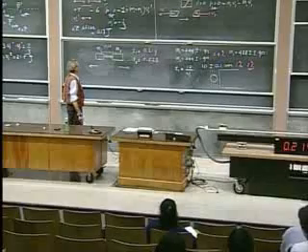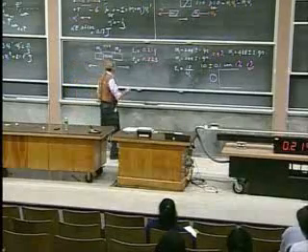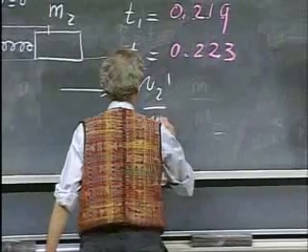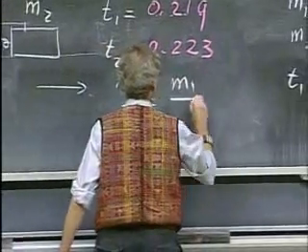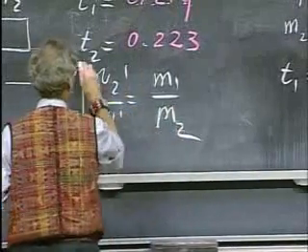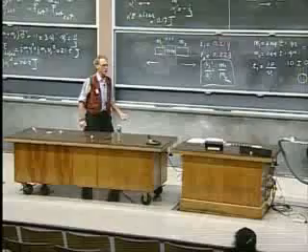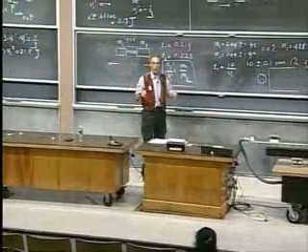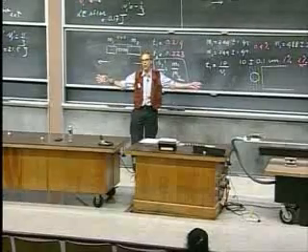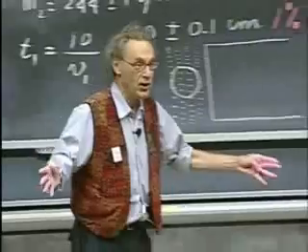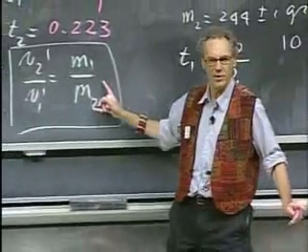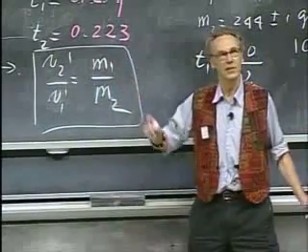But the velocities, oh, I erased this, v2 prime divided by v1 prime equals m1 divided by m2. And so twice the mass will get half the speed. And so now you're going to see that one car will go twice as slow as the other. That's the only way that nature can conserve momentum. Nature has no choice. Nature can deal with kinetic energy one way or another, but it cannot finagle momentum. So it must give the more massive car half the speed that it gives the other car.